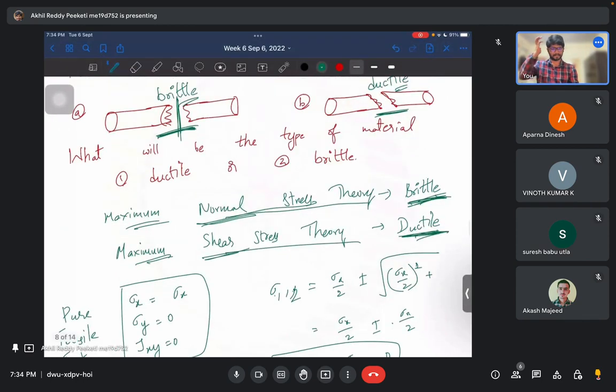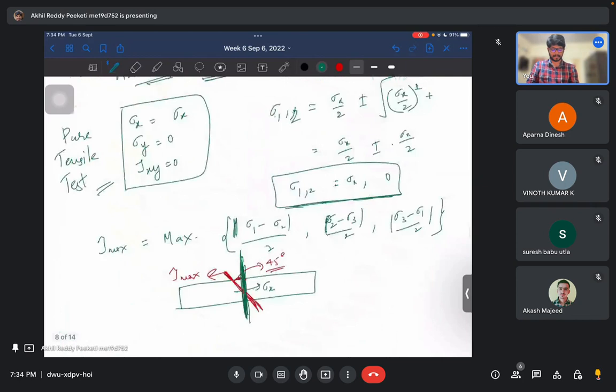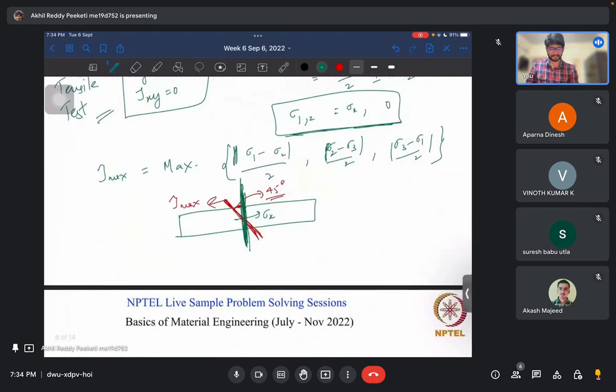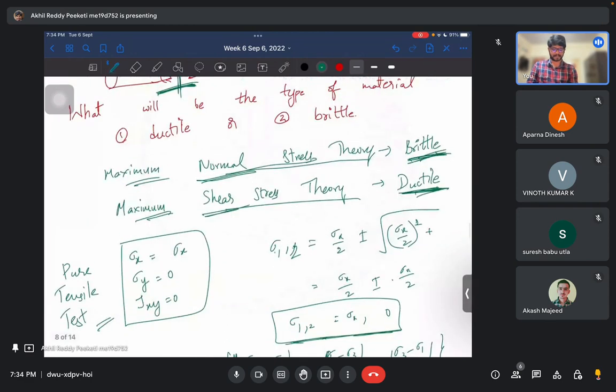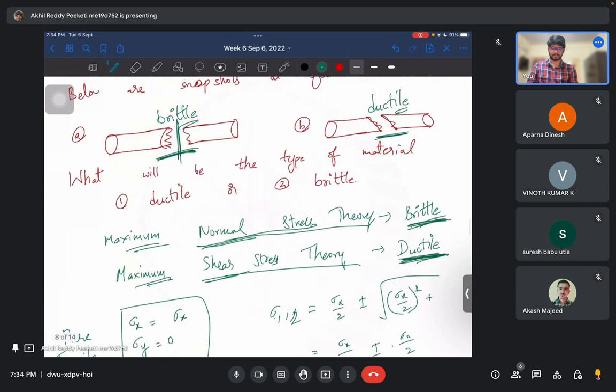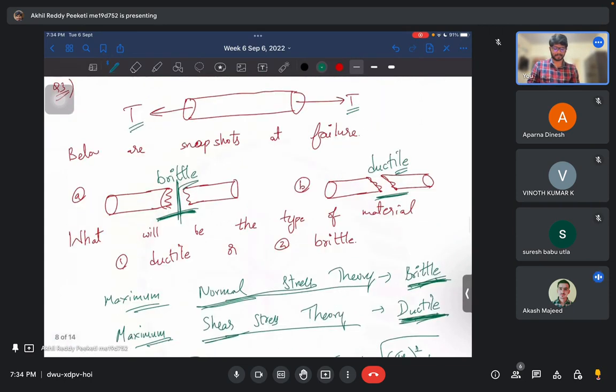But sample B is failing at the 45-degree plane. So it failed when maximum shear stress has crossed some barrier. That means maximum shear stress theory, so that is why it is a ductile material. Is that clear?